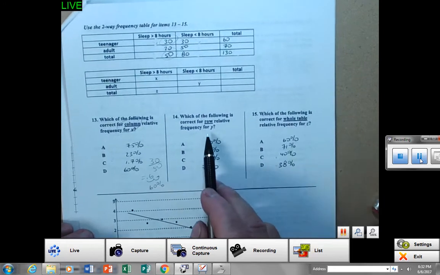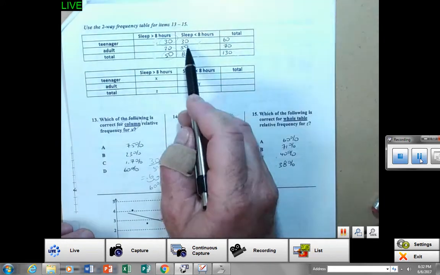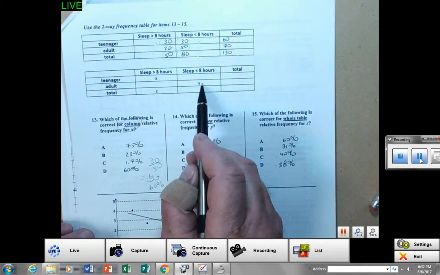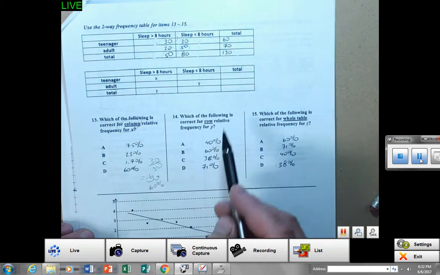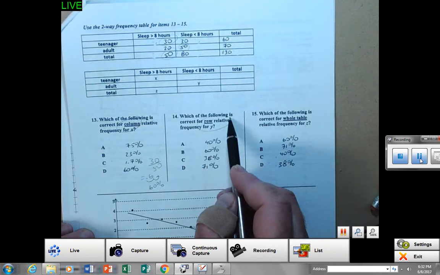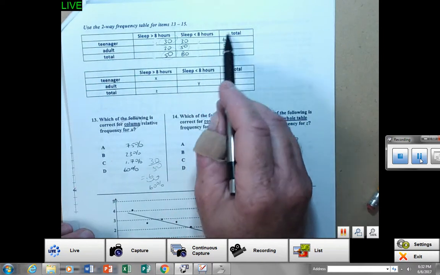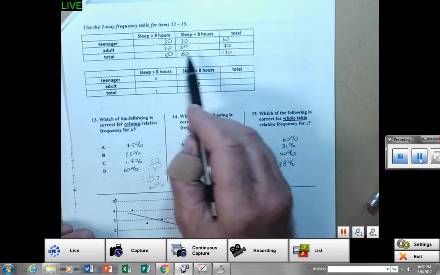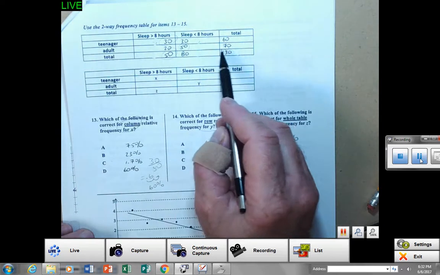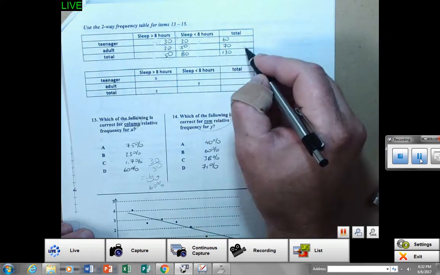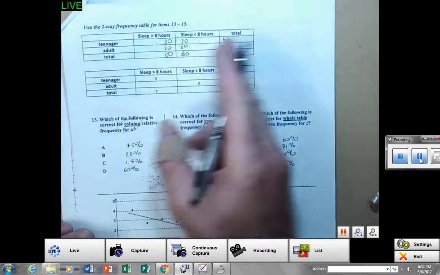This says for y is this 50 number right here. That's the spot in the table. This says row relative frequency, meaning you're comparing everything to the row totals, these numbers. So 50 divided by 130, 20 divided by 70. If you do 70 divided by 70, that's why you get 100% when you're doing row relative frequency.